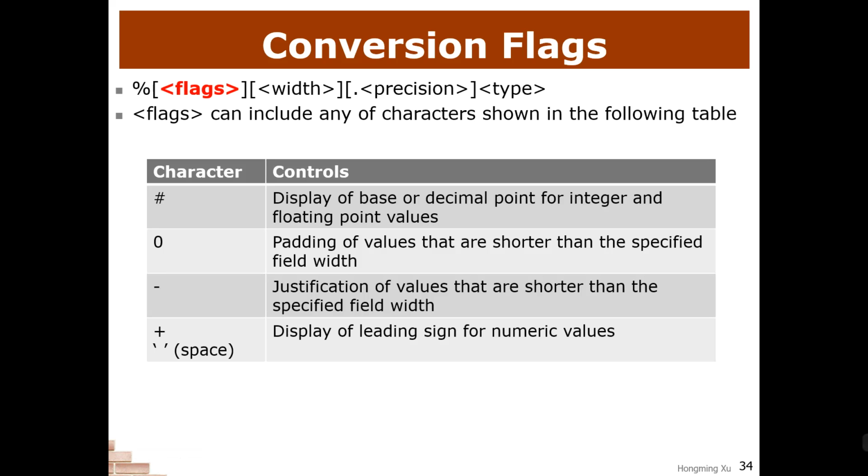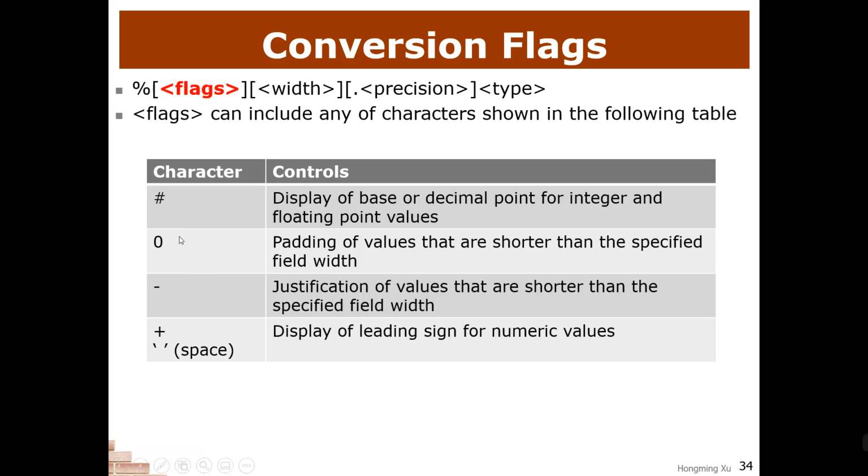Okay, lastly, we will see the conversion flags. Conversion flags can include the characters shown in this table. The first is the pound character. It's used to control if we want to display the base or decimal point for integer or floating point values.